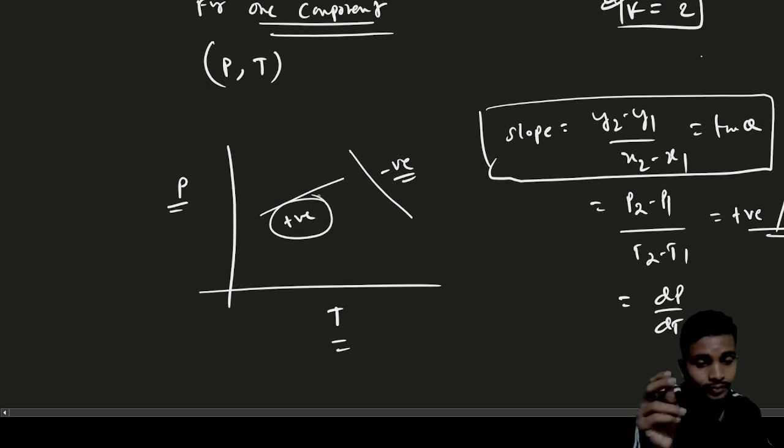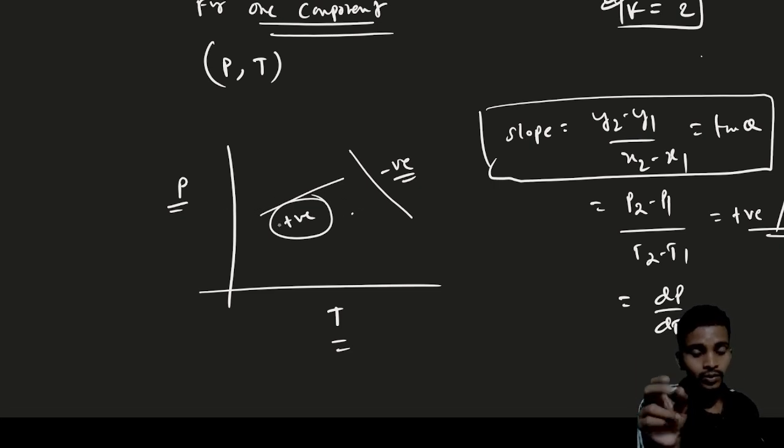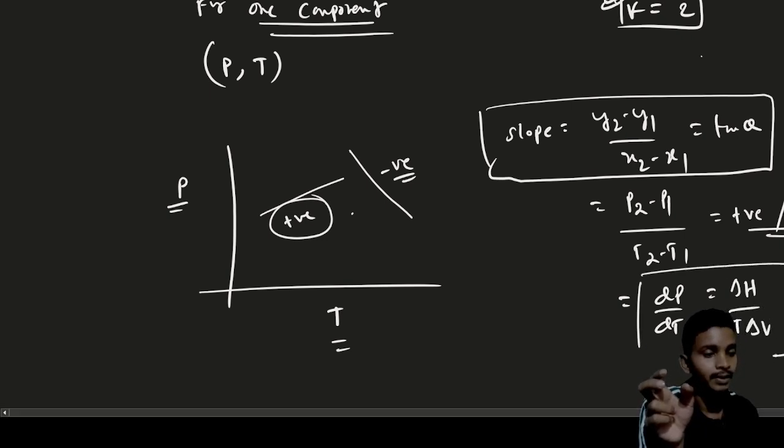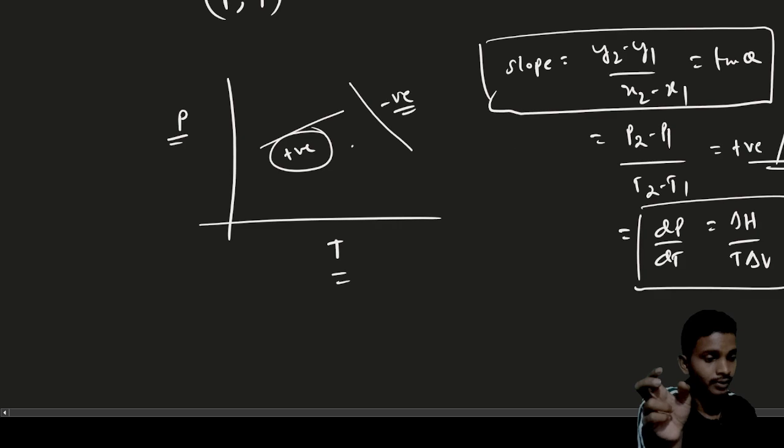And suppose one point is here, so we want to explain this one, so we need pressure and temperature. For that we need a slope, whether it is positive or negative. That is given by the Clapeyron equation. It says that the slope is dP by dT, and this value is ΔH over TΔV. This is given by the Clapeyron equation.